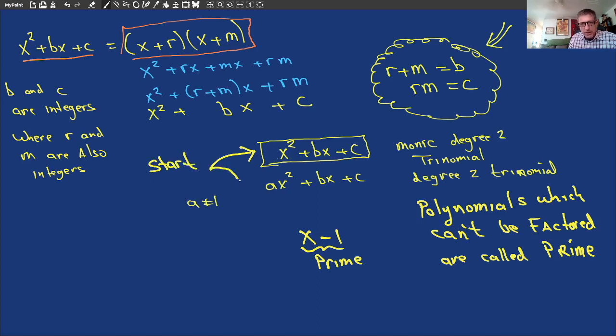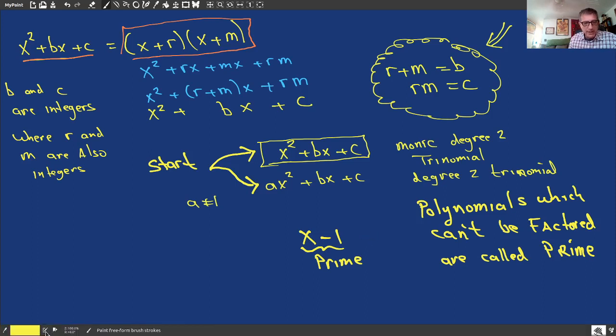But our method will also work for the others. And our method is good enough that it can always detect primes from those which are factorable. So if there is a factorization, then we'll find it. And clearly, if there isn't one, we'll be able to tell that too.